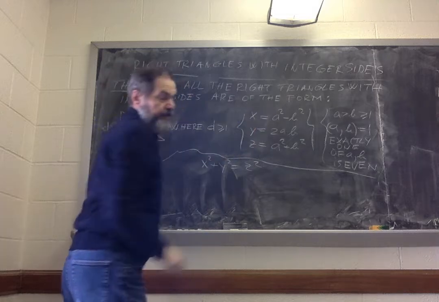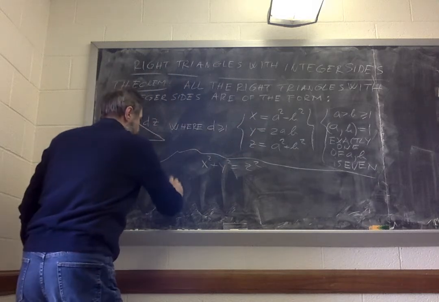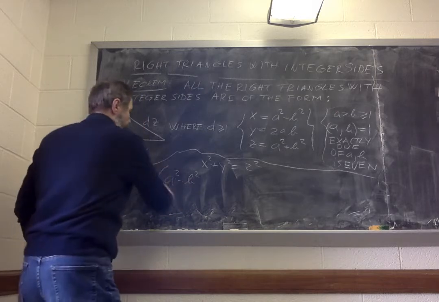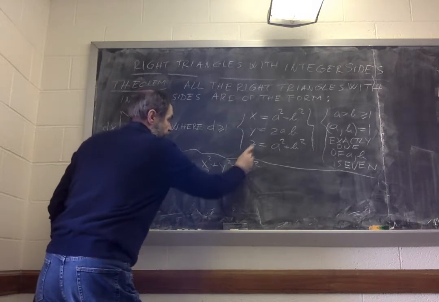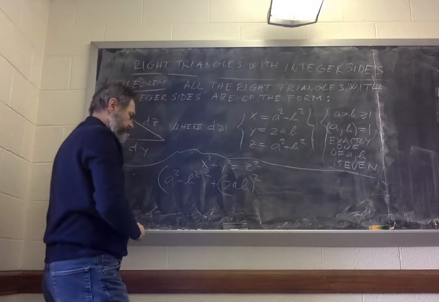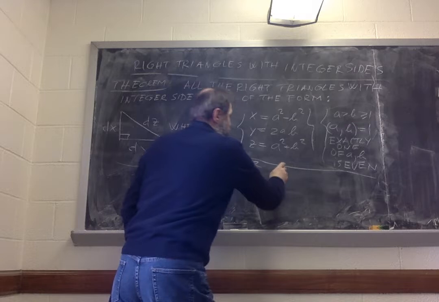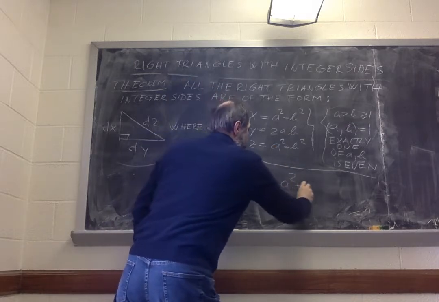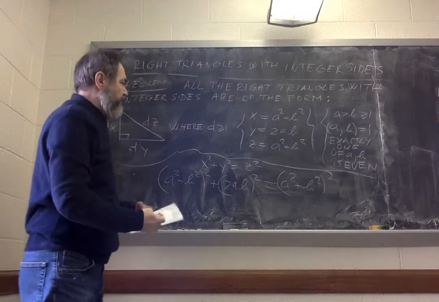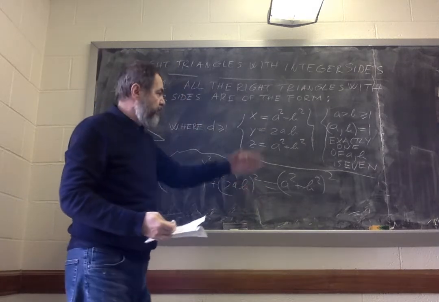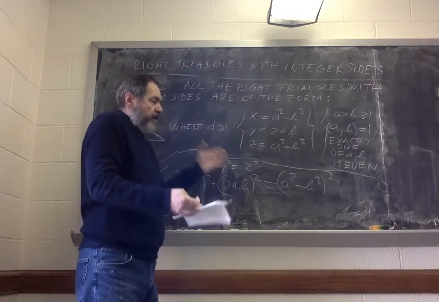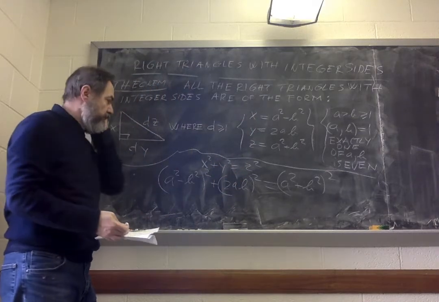In these expressions, we can easily check that a squared minus b squared, squared, plus 2ab, squared, is equal to a squared plus b squared, squared. So everything that I obtain here for any numbers a and b I choose satisfies Pythagoras theorem, and so the triangle is a right triangle.